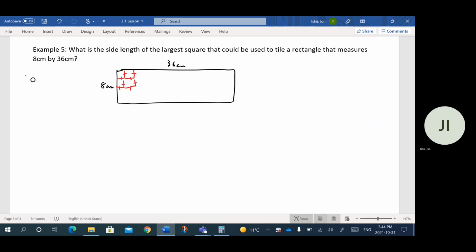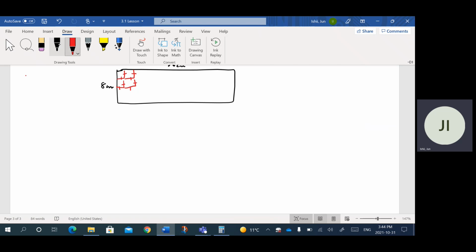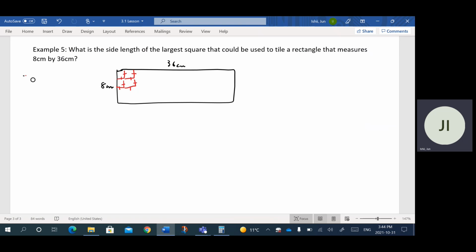You probably figured this out, that in this case, since we want to find the largest, we want to find the greatest common factor between 8 and 36. Greatest common factor, the number that divides into 8 and 36.